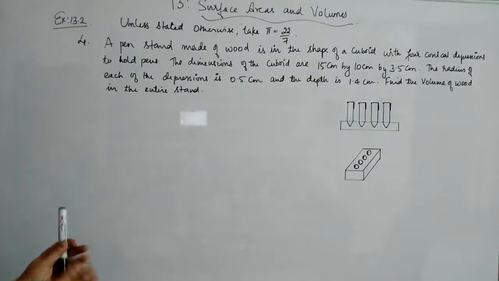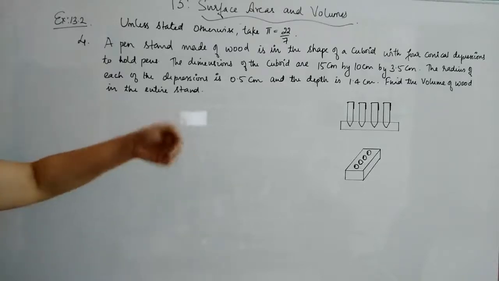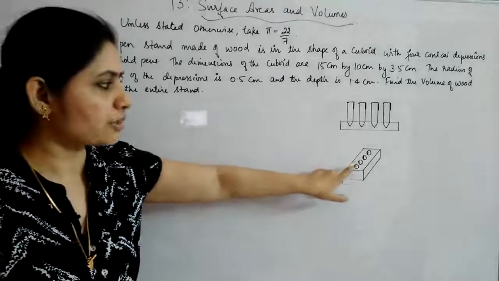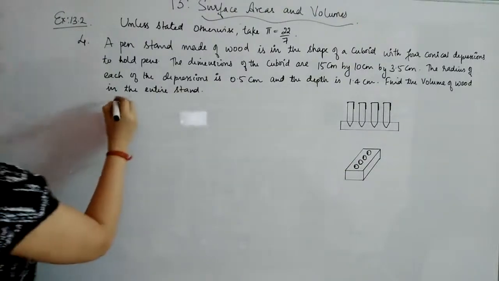That means first you will find the volume of the total wood required to make the cuboidal shape, and then from that you have to reduce the volume of 4 conical shapes, because that has been taken out, that is a depression there. Okay, so let's start. What is given?